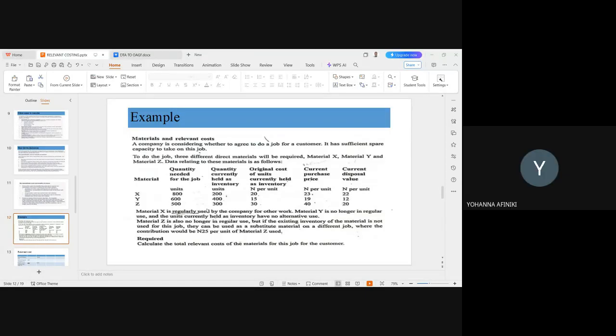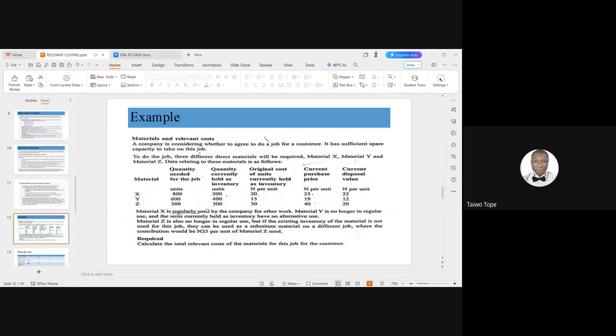If there is no alternative use, it will be disposed of. The replacement cost is zero, but the quantity to be used is still the 400 available. We'll just make use of what we have in stock. The relevant cost is the additional 200 at the current price.